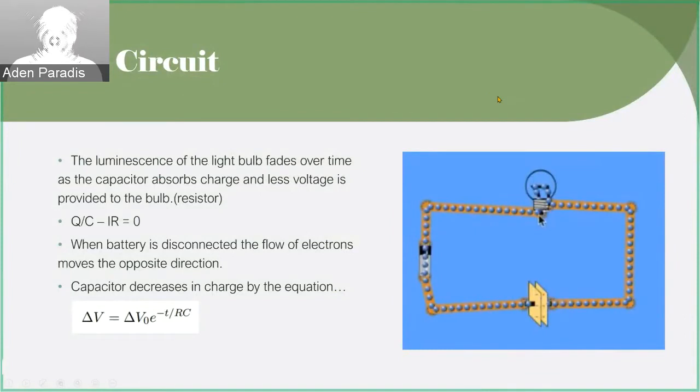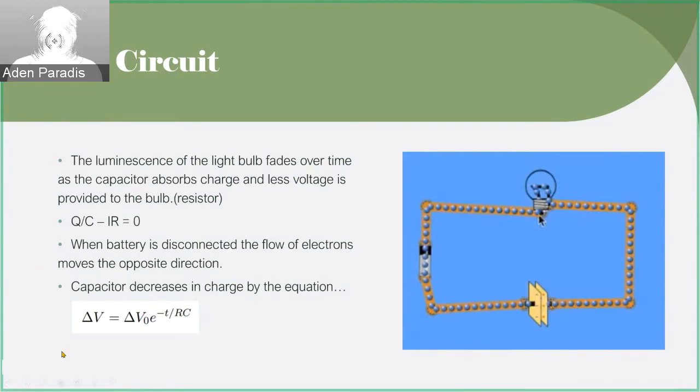This was an RC circuit. The way this works is as the electrons flow, the capacitor gets charged by the equation Q over C, and the resistor, or I guess the bulb in this case, will start out really bright and then dim as the capacitor absorbs more charge.